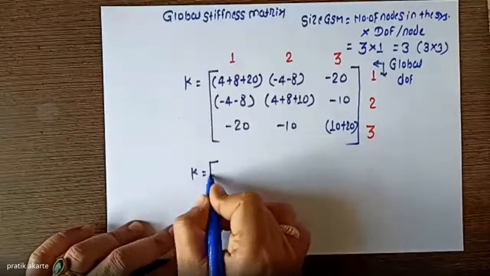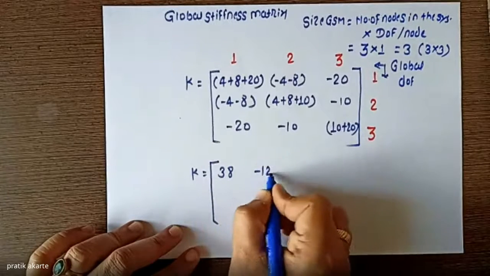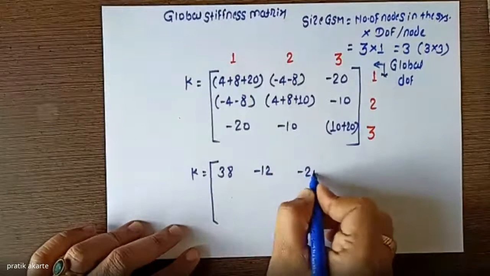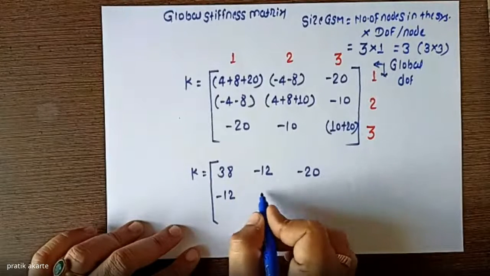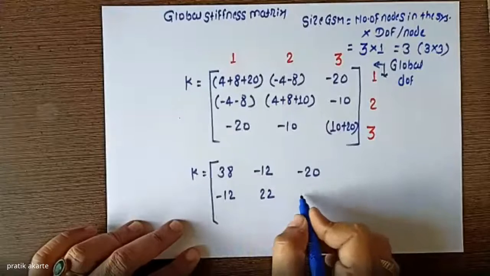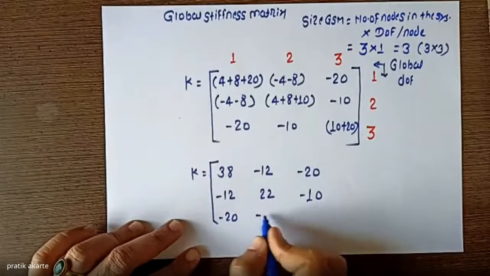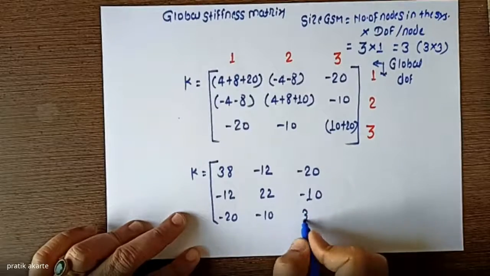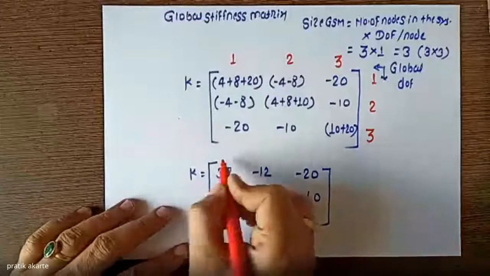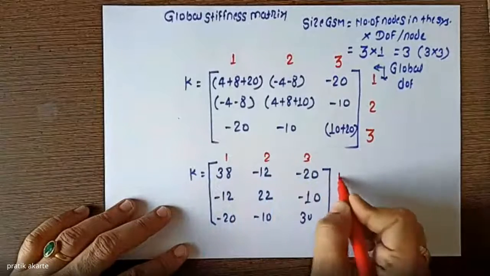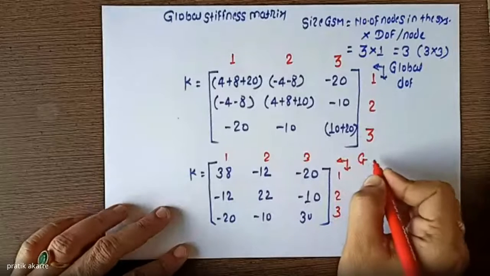Rewriting the stiffness matrix, we'll get 38, minus 12, minus 20, minus 12, then 22, minus 10, minus 20, minus 10 and 30. So this is coming out to be 1, 2, 3 and 1, 2, 3, which are your global degrees of freedom.